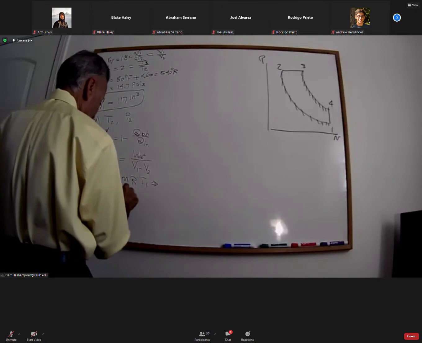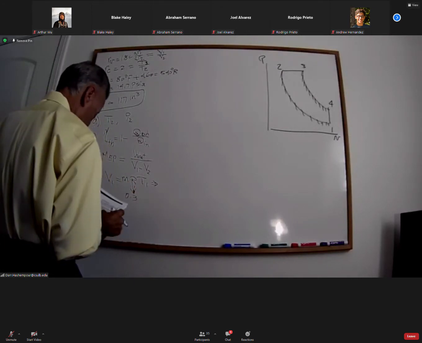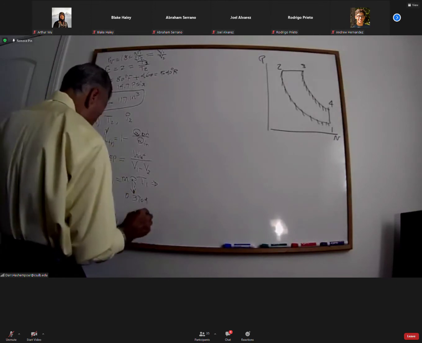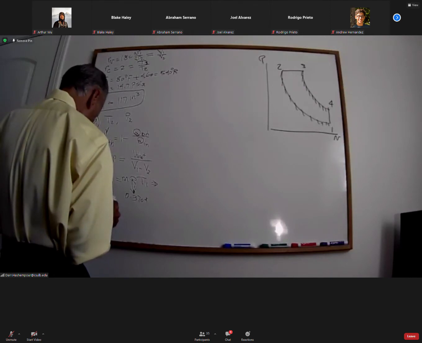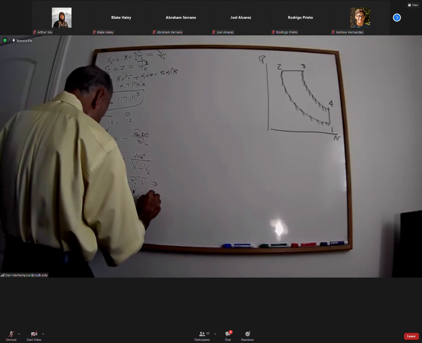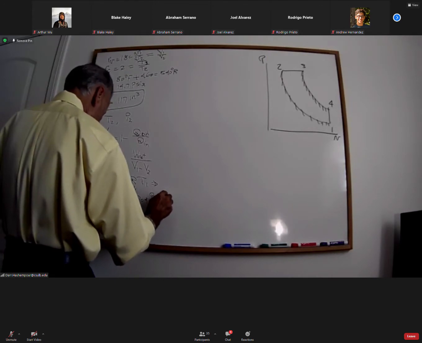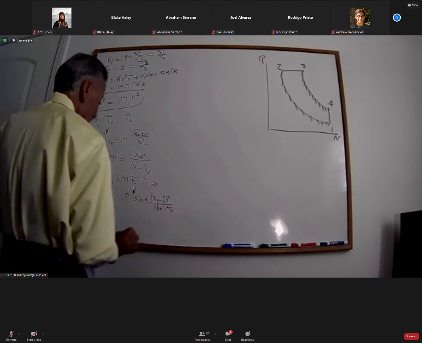The gas constant here is 0.3704 psia cubic feet per pound mass degree Rankine. That's the unit for it.